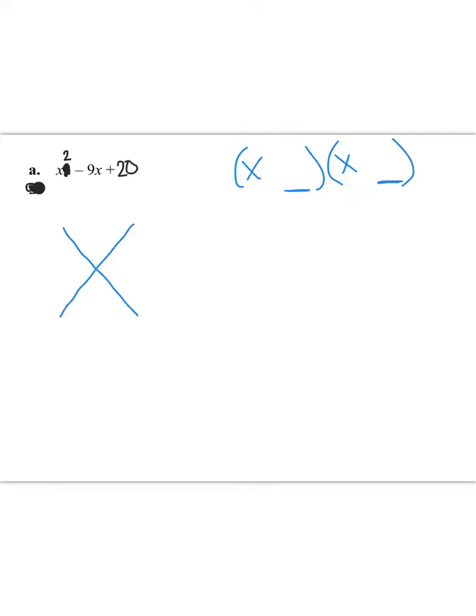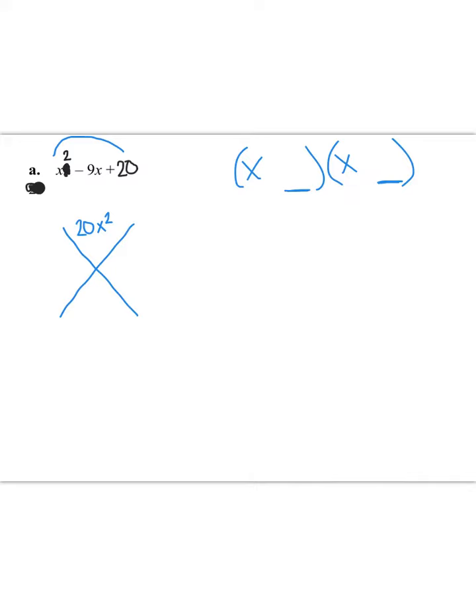I have a big diagonal here, and I'm going to take my x squared and multiply it by 20. So that gives me 20x squared, and I'm going to put that on the top of my diagonals here.